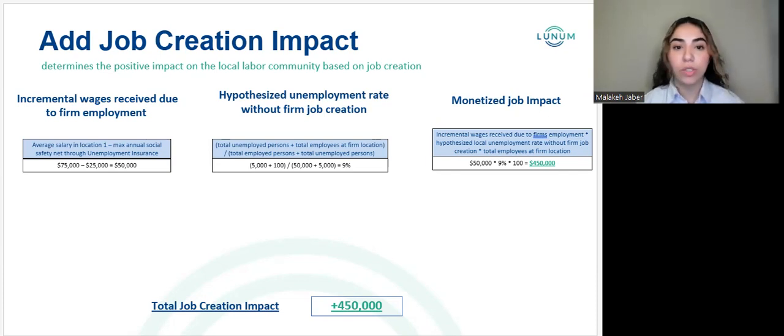Once we run the calculations for those figures, we reach a value of $450,000. And again, because I said there's only one location, that's going to be the total job creation impact for company ABC. In other instances, when firms have multiple locations, you would repeat this process for each location and then sum all of those values to reach the total job creation impact.